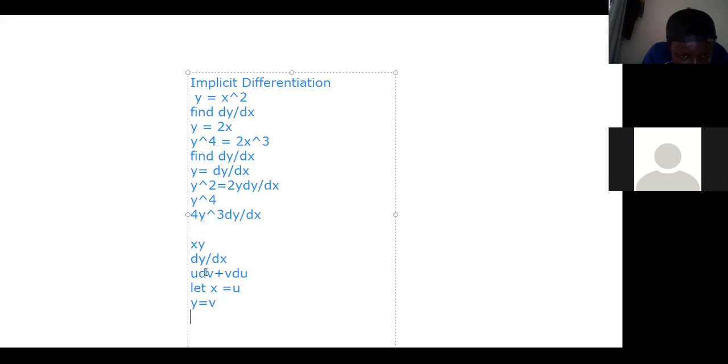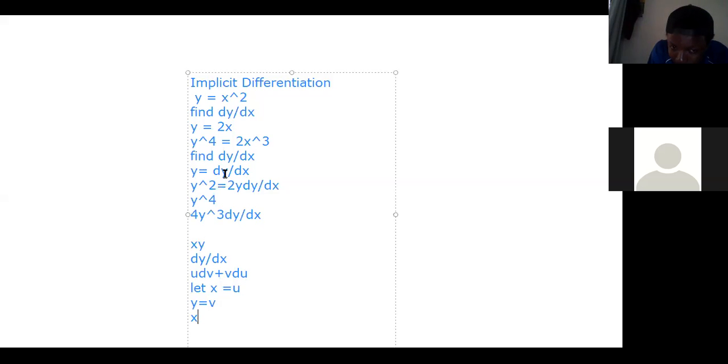Are you getting it? Yes, sir. And so when we keep u it is x. When we differentiate v, it is what? y. But when we are differentiating y with respect to x, we found that we are going to get dy/dx.